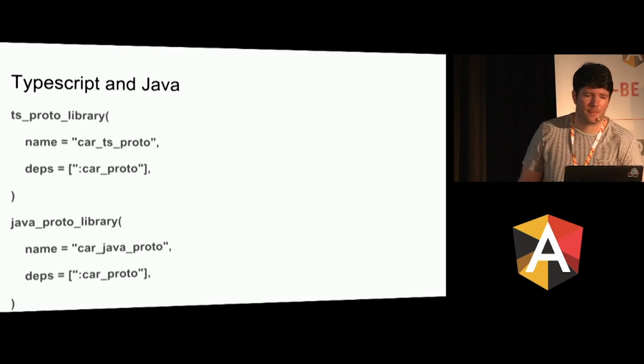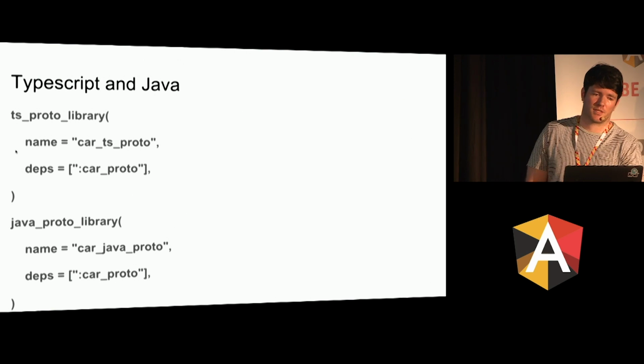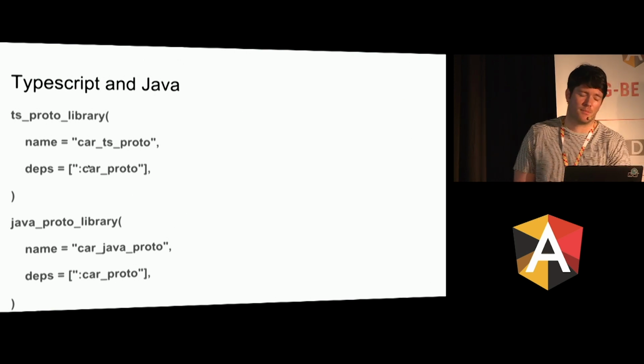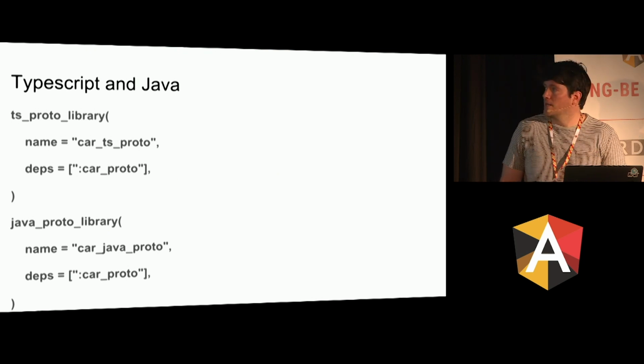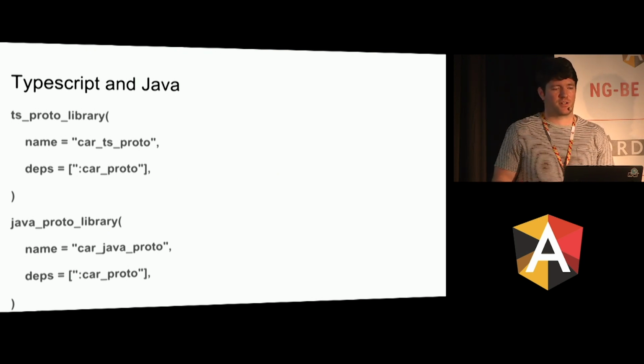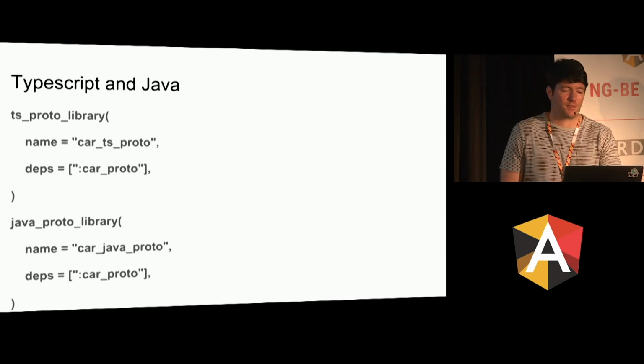And here are the language-specific rules. In this case, we have the TS proto library to take the base rule for the car proto rule, and the output of this would be the iCar interface, plus a few other things, but that's one of the more useful things. The interfaces are very easy to use in your code.